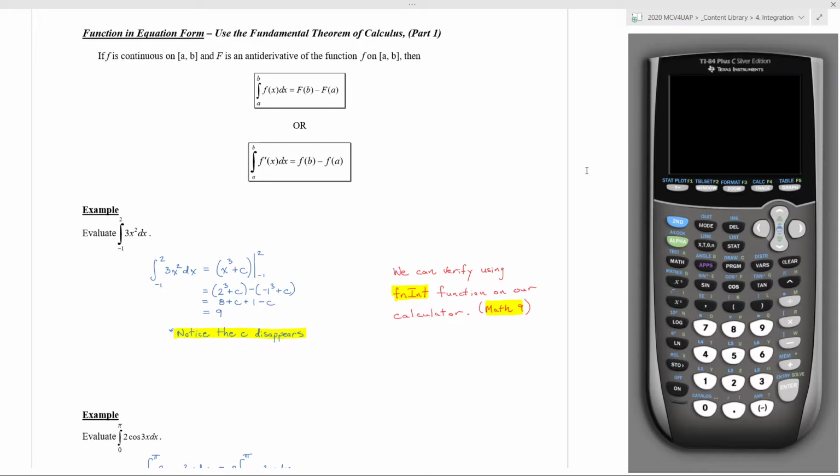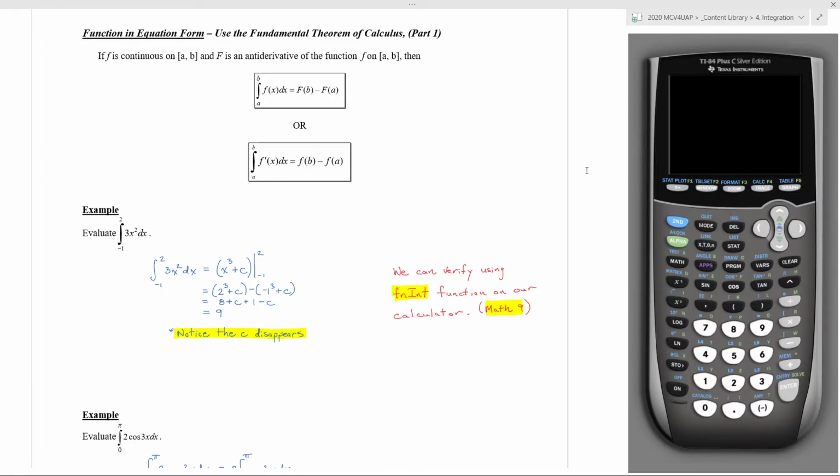And there are some examples here. So the first one, and we're going to be using the calculator here to verify the answer. The integral from -1 to 2 of 3x squared. So what does that mean?